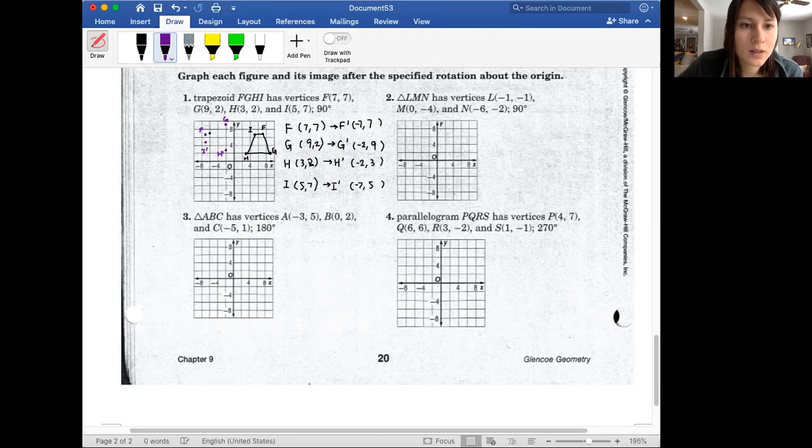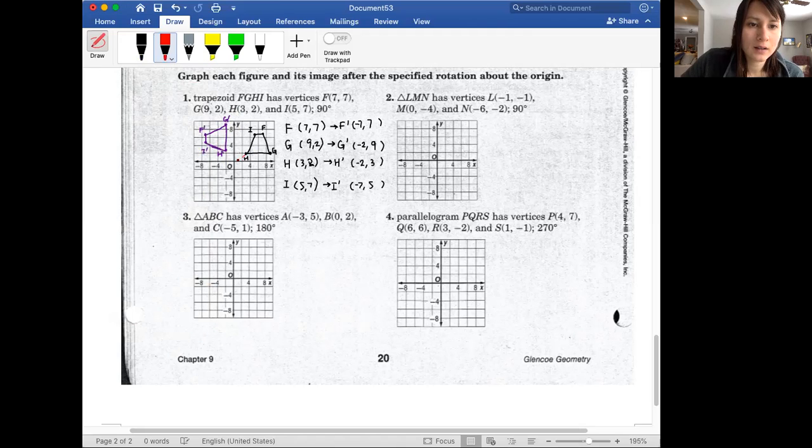And for these points, I should put a little apostrophe next to them. Okay, so my image, if I connect it, looks like that.